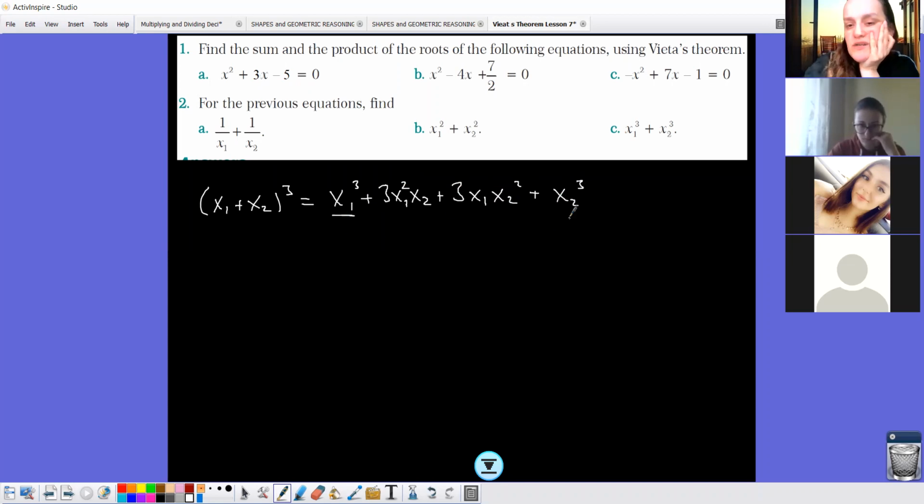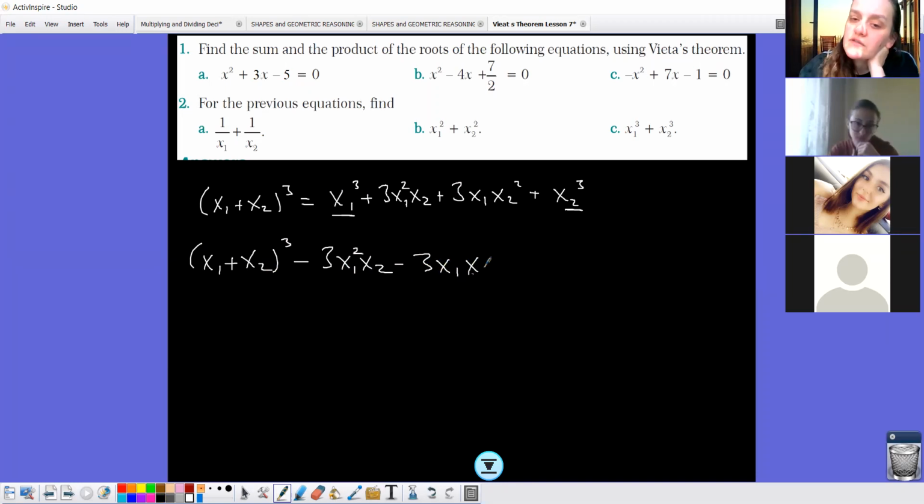We need x1 cube plus x2 cube, and we said that we will take the others to the other side and we'll get x1 plus x2 cube minus 3x1 squared x2 minus 3x1 x2 squared is equal to x1 cube plus x2 cube.